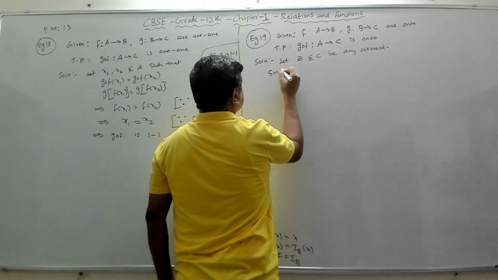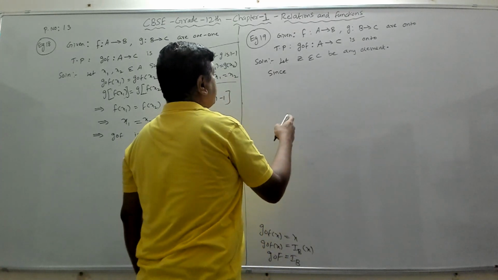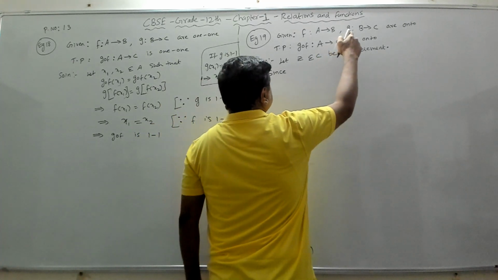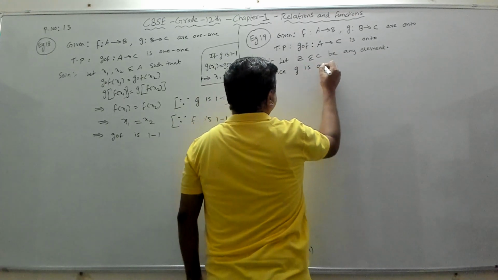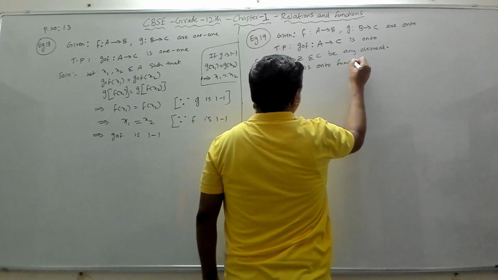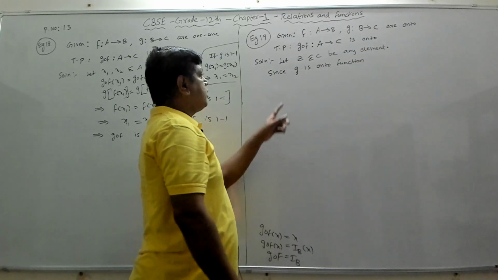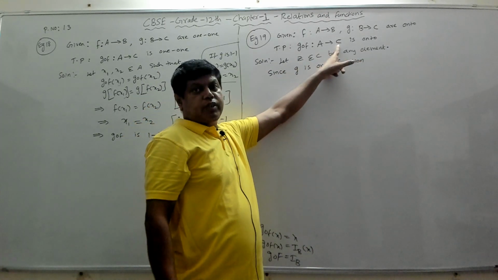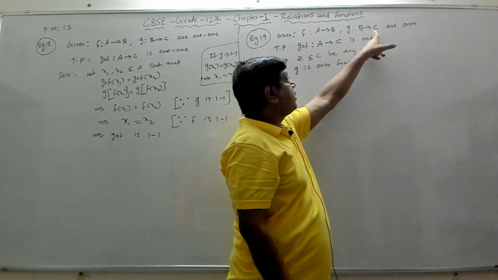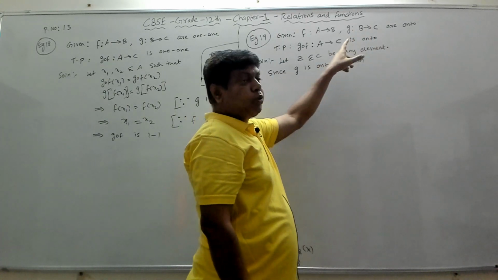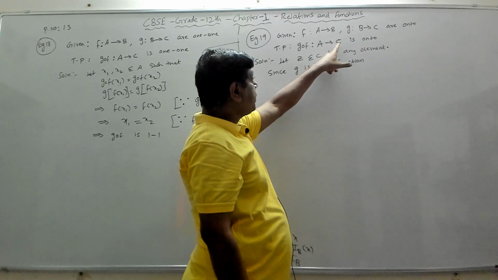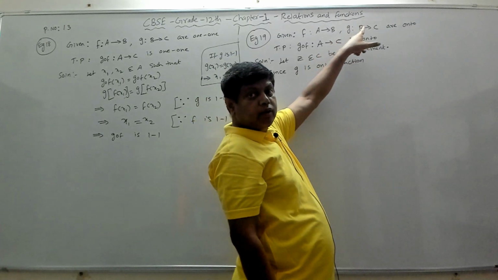Since the function g is an onto function. We took an element z from this set C, which means that the element is in this set C. Now, to prove that this is onto, we will take an element from here, then we will go here.